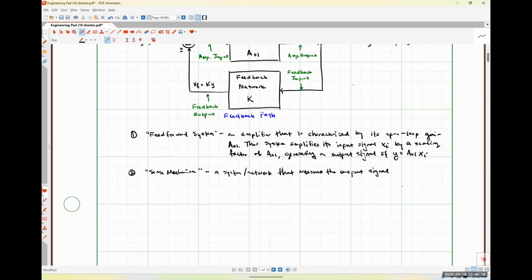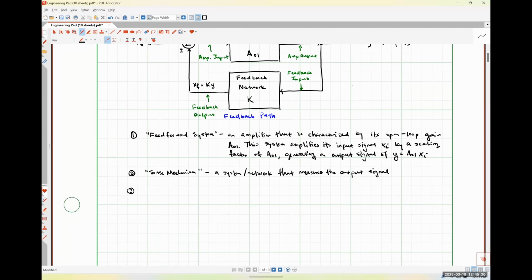The third part of our feedback system is the feedback network itself.